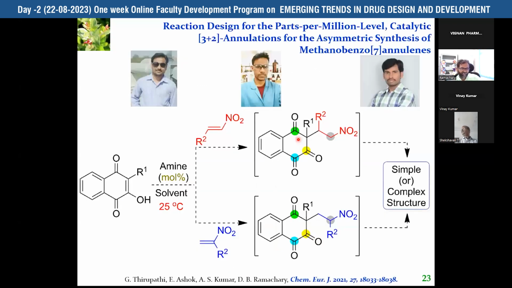And we understood the importance of this alkyl lactone. Then we tried to develop the first reaction with nitrostyrenes, because nitrostyrenes are very good electrophiles, whether it goes as a simple or complex structure.